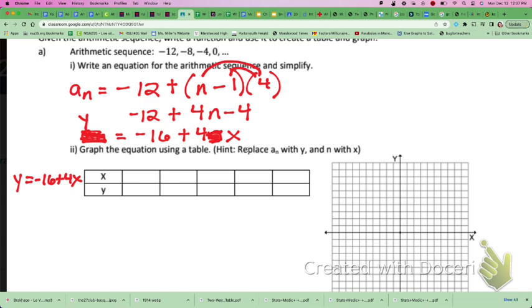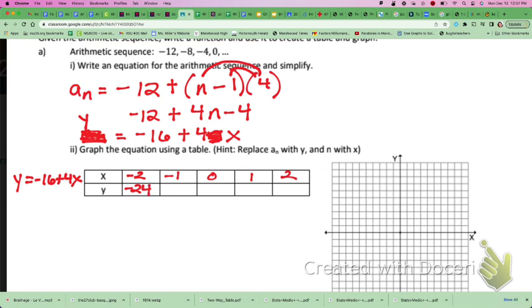So now can we come up with the domain? Can we use any number we want? Yeah, because I'm not dividing anything. So let's do some negatives. Let's do like negative 2, negative 1, 0, 1, and 2. Perfect. All right, so let's do some math. 4 times negative 2 is negative 8 plus negative 16 is negative 24.